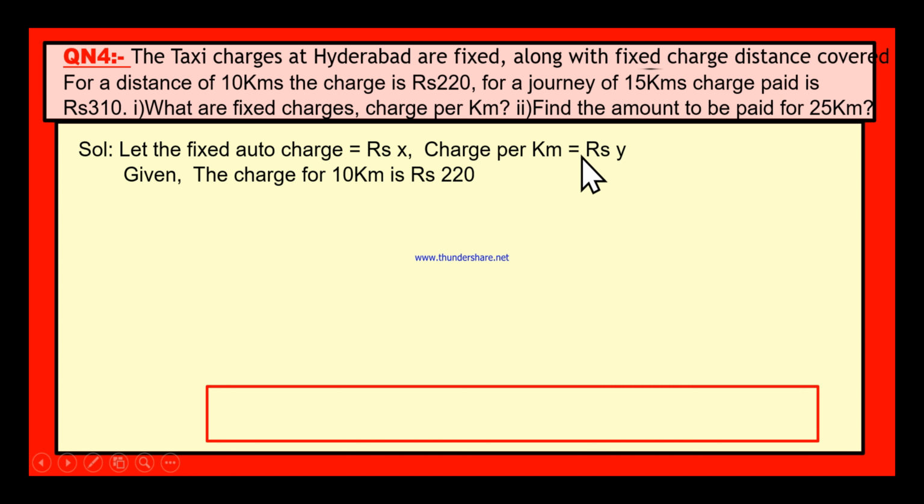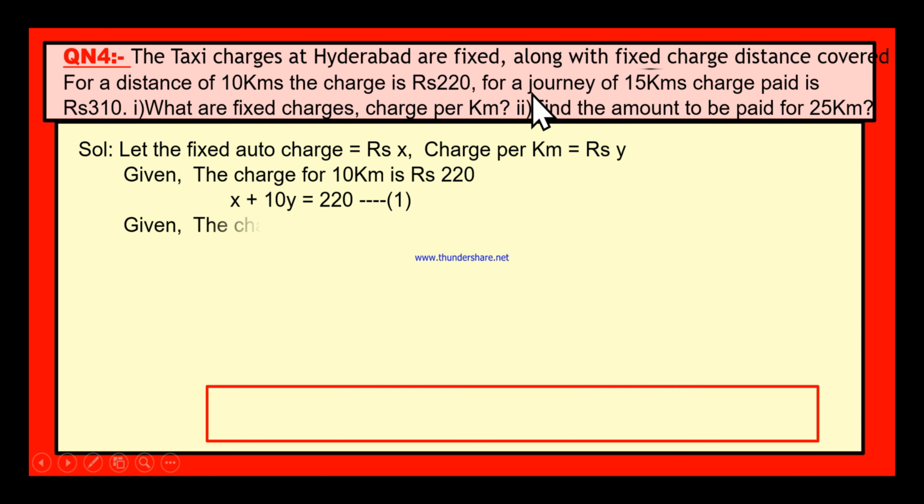For 10 kilometers means 10 into y. For 1 kilometer the charge is y rupees. For 10 kilometers 10 into y. To this 10y there should be a fixed charge to be added. That is x plus 10y is equal to 220 rupees. It is the first equation.